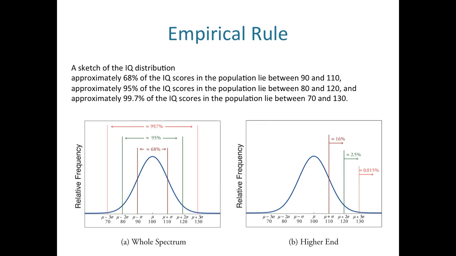Those are interesting rules that are observed in nature. And in the case of Gaussian distributions, like IQ scores or any other example, those percentages always take place.